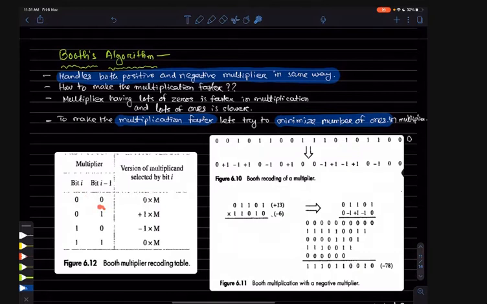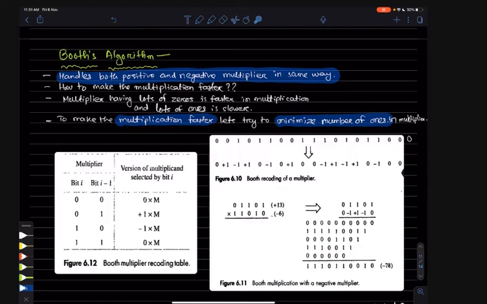We always scan from the right side. Suppose this is a big multiplier. We scan bit i minus 1 and i from right to left, and see which coding scheme is applicable.